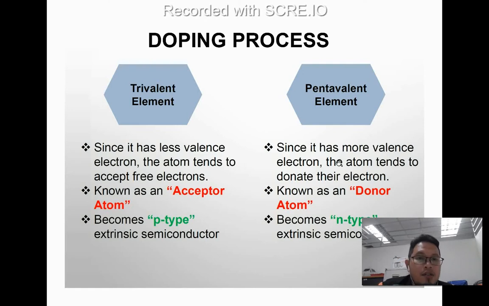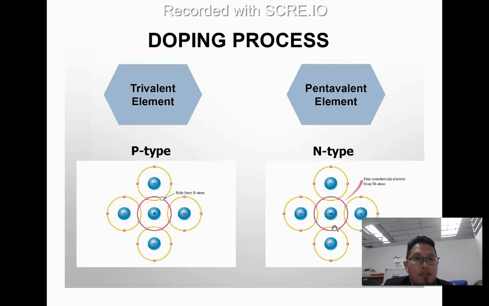Whereas pentavalent, because it has more valence electrons, tends to donate electrons, known as a donor atom, and becomes an N-type extrinsic semiconductor. So this is the difference. The P-type will have holes, therefore it is an acceptor. This is a donor, it gives a free electron.